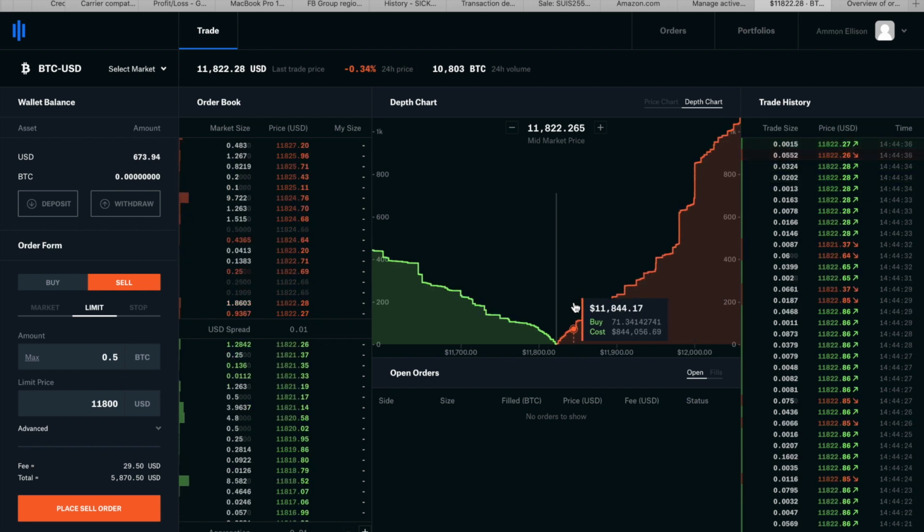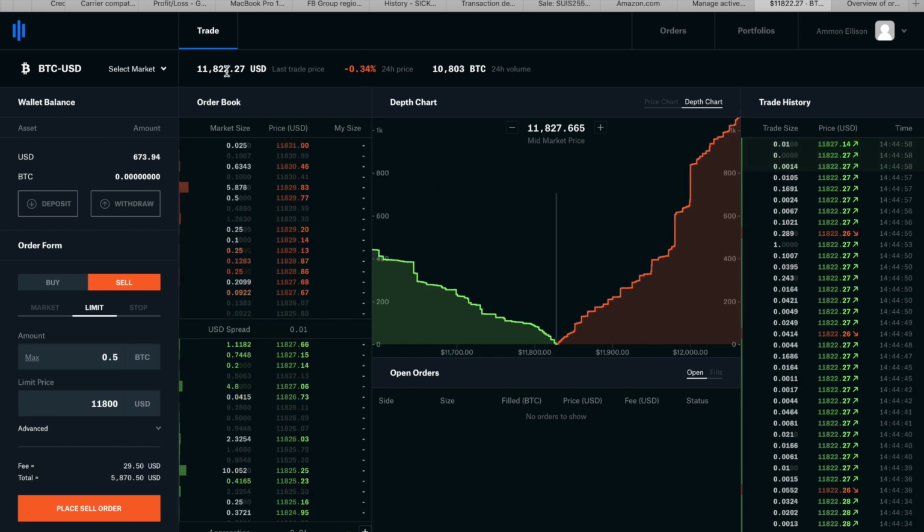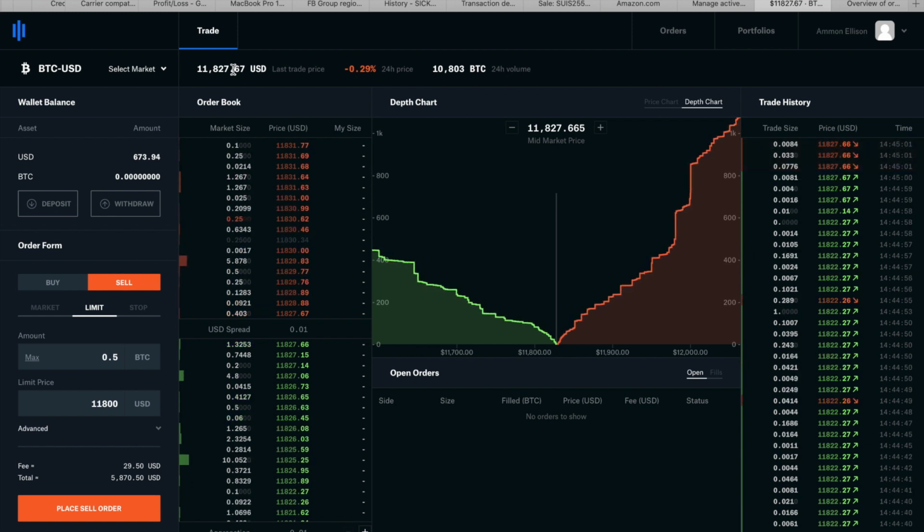So yeah, you can see here, I'll start with a smaller amount. If I wanted to buy $100,000 worth of, let's go higher, call it $500,000 worth of Bitcoin, I'd get filled at a market order about 11,835, so about $15 above the market price.